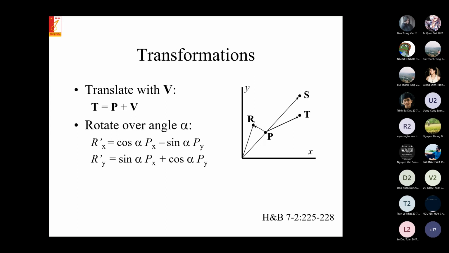We have translations and we have rotation. The form of the matrix is different. And if we can make a series of transformations, how do we combine these? That's a problem.